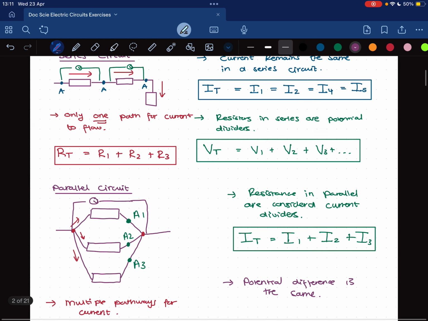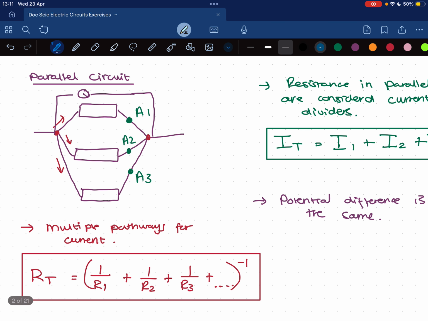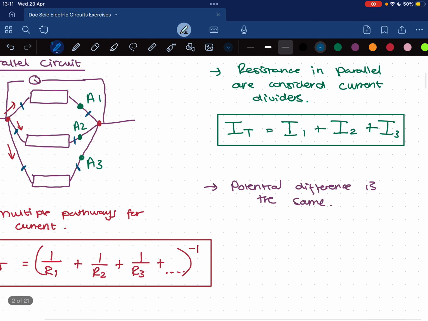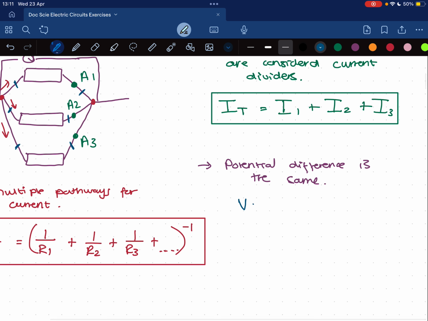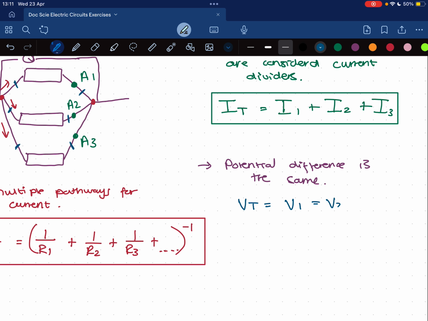Okay, it doesn't change. So the potential difference at this point and at this point and at that point are all equal. So the V total is equal to V1, which is equal to V2, which is equal to V3, and so on.